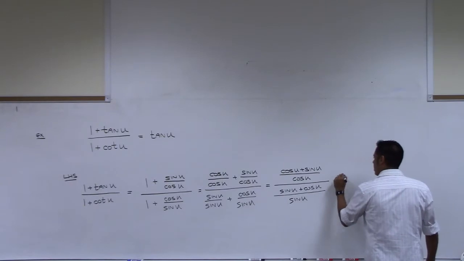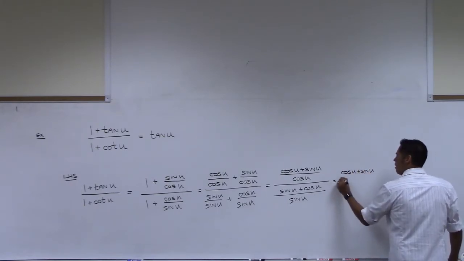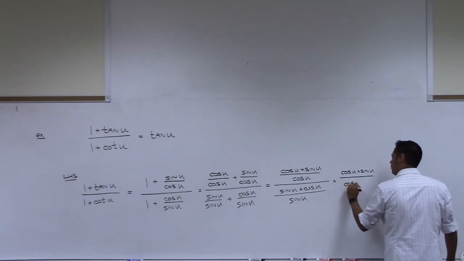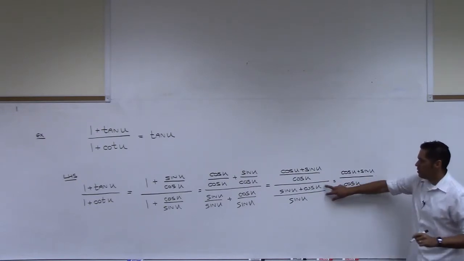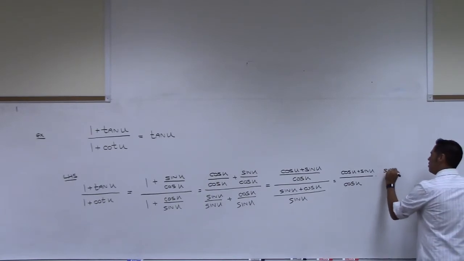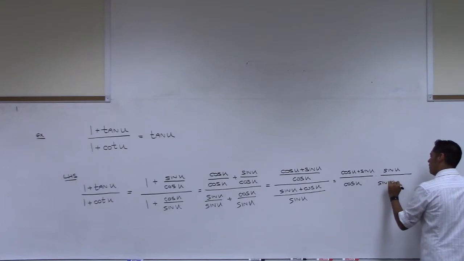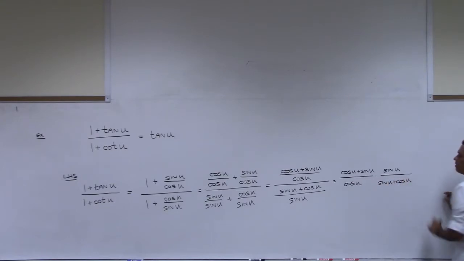We're going to have the top fraction, cosine u plus sine u over cosine u. And then when we bring this one up, division becomes multiplication of the reciprocal: sine u over sine u plus cosine u. Do y'all see what happens? Sine u cosine u plus cosine u sine u.